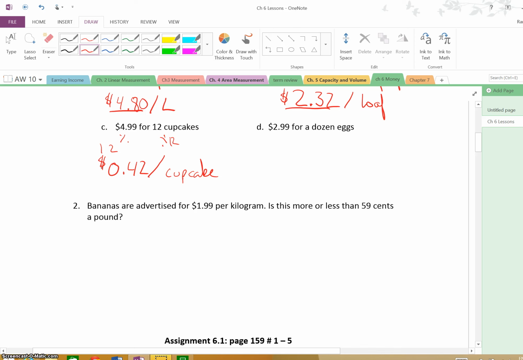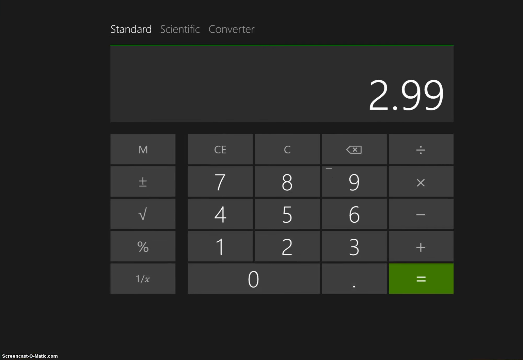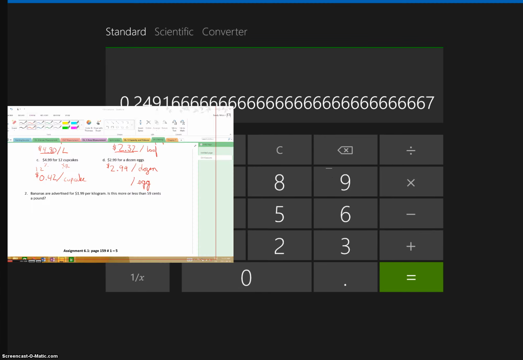And I'll get $2.99 for a dozen eggs. So I could make that my unit, $2.99 per dozen. But if I want to know what the price is per egg, I'm going to have to divide that by 12. So I'll take the $2.99, divide it by 12. That's going to be 25 cents per egg.